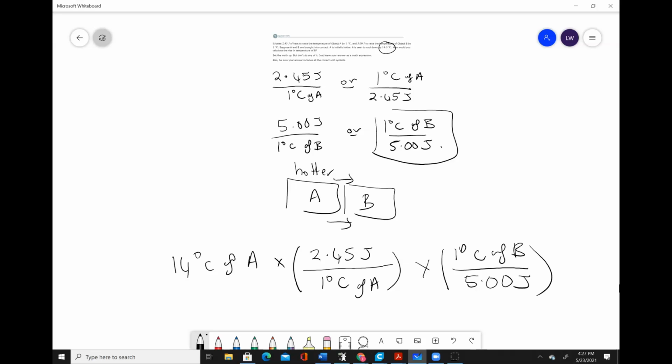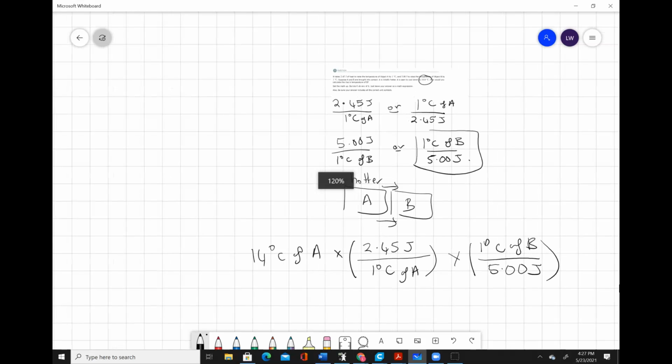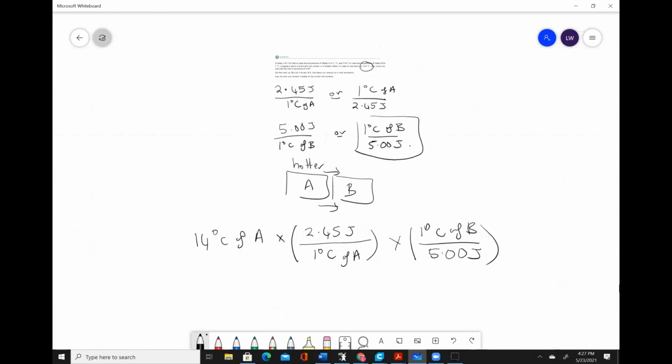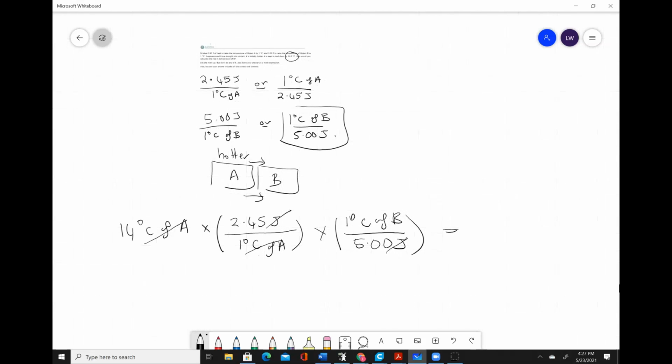So it's not going to go up by 14 because, well, you know that it takes more heat to raise the temperature of B. So let's have a look at our units here. There we go. They all cancel out. And it's going to give us the temperature change in B.